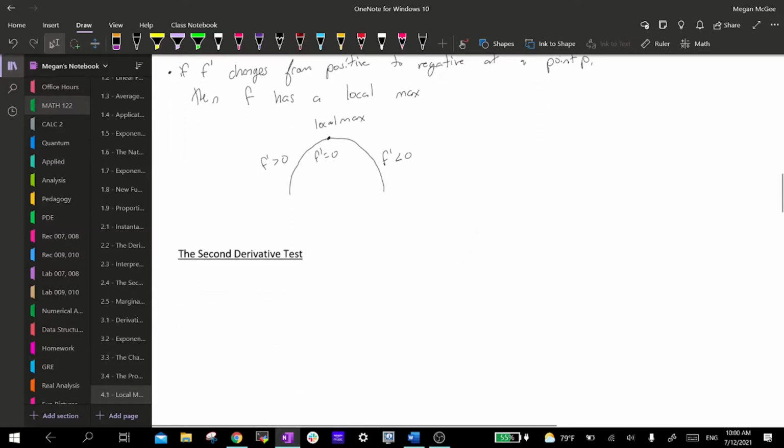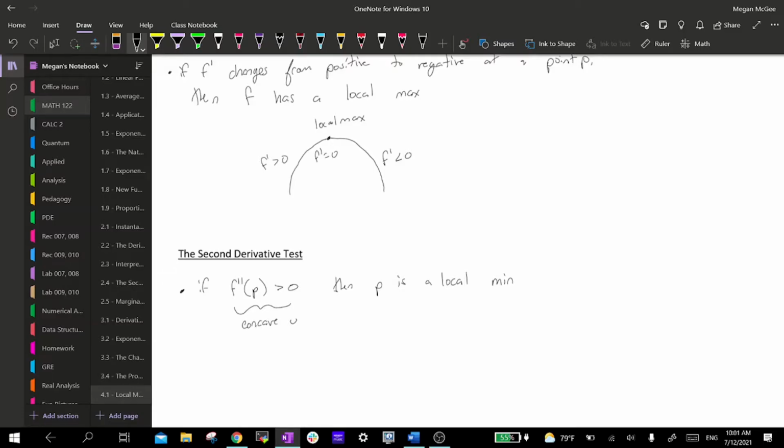So our second derivative test tells us that if the second derivative evaluated at this point P is greater than 0, then P is a local minimum. Alright, because if the second derivative is greater than 0, we are concave up, right?